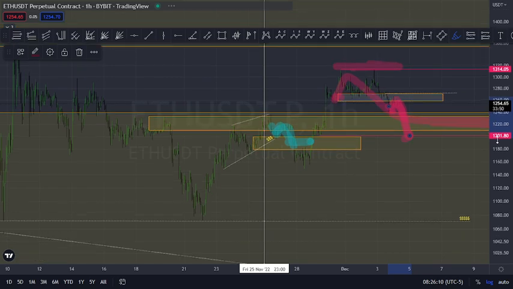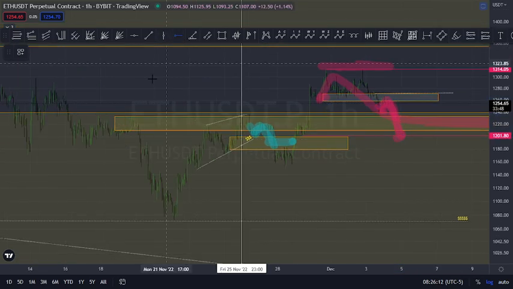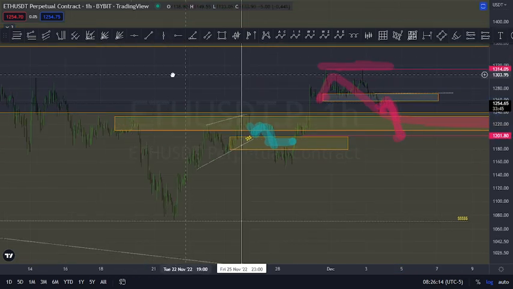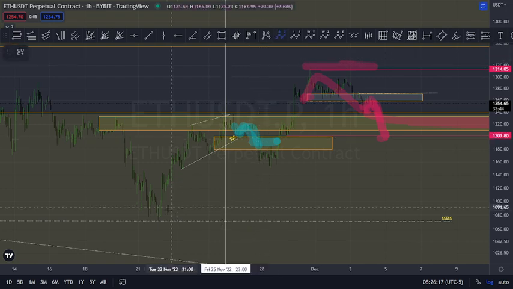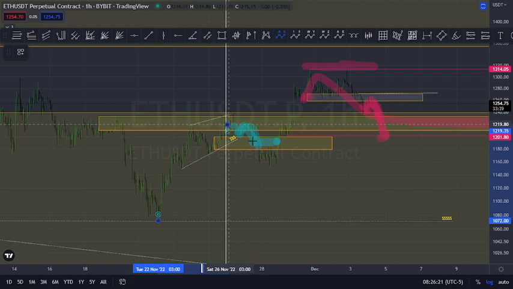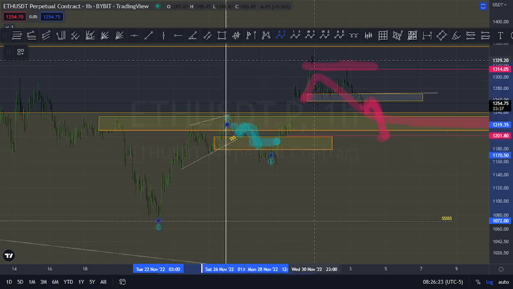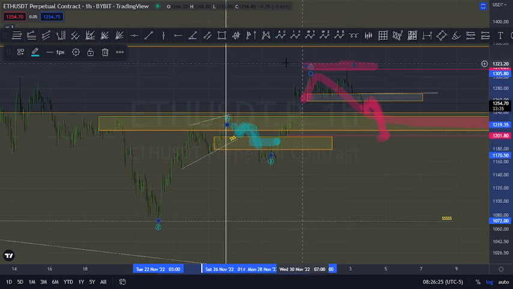Okay, so I also promised to make you Elliott waves analysis. So on Elliott waves, it shows me this A, B, and C here.